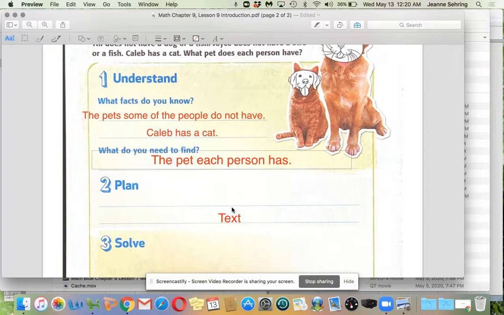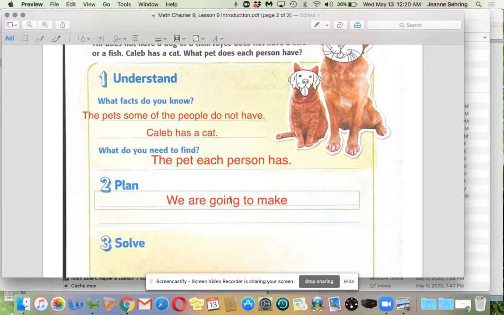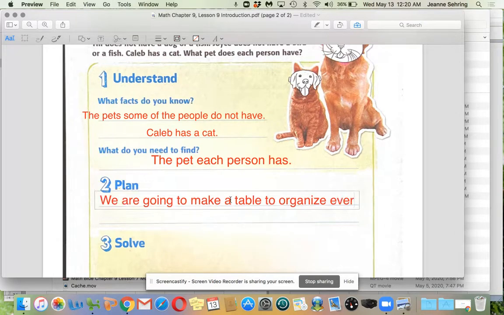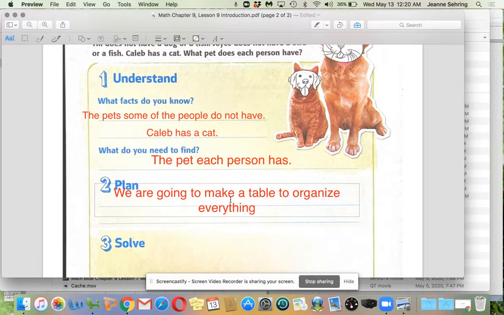All right. And the plan, what is the plan? What is the strategy? We are going to make a table to organize everything that we know.